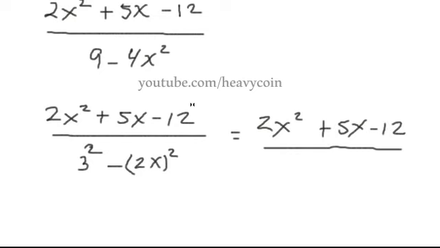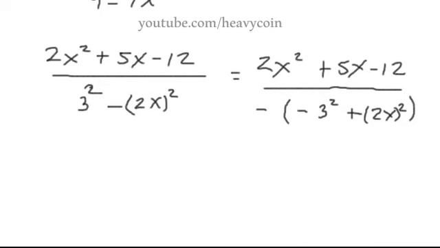Now it doesn't matter whether we work in the numerator or denominator first, but I just want to clear this up first. So I'm going to factor out a negative. So we end up with a negative 3 squared, and then this is going to become a plus 2x quantity squared. So we've got to fudge this thing to get it to match up with some other stuff later.